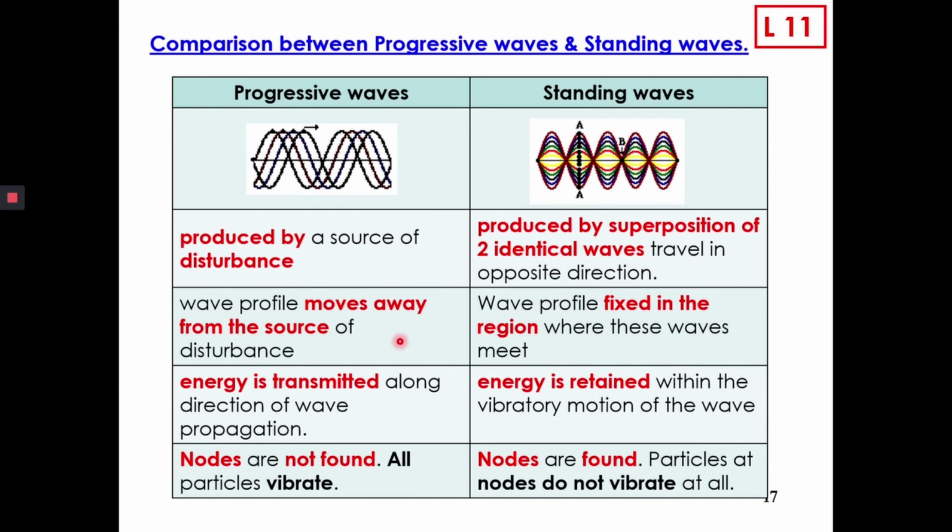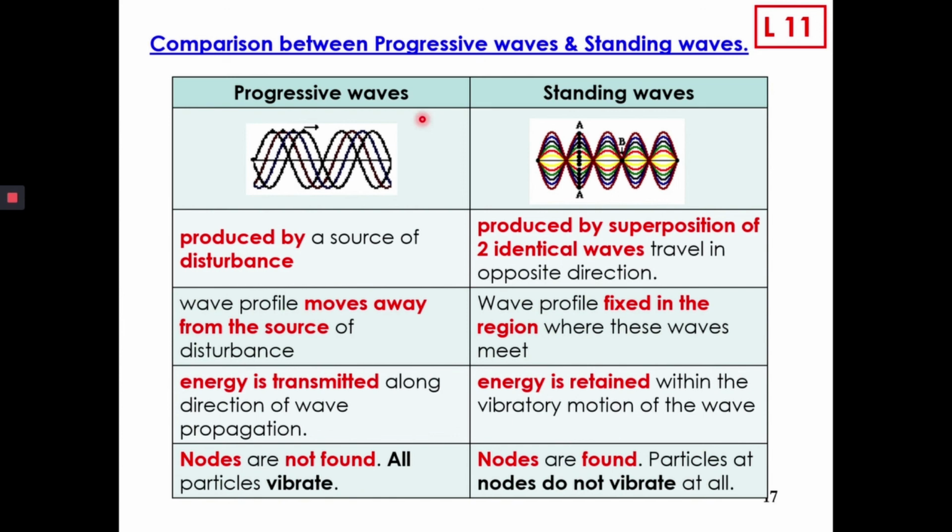The second comparison, the wave profile of a progressive wave moves away from the source of disturbance. But for a standing wave, the wave profile is fixed in the region where the wave is made. And then the third one, for a progressive wave, the energy is transmitted along the direction of the wave, but for a standing wave, the energy is retained within the vibratory motion of the wave.